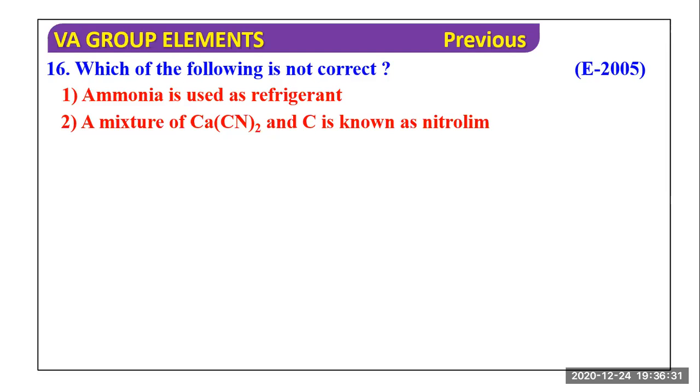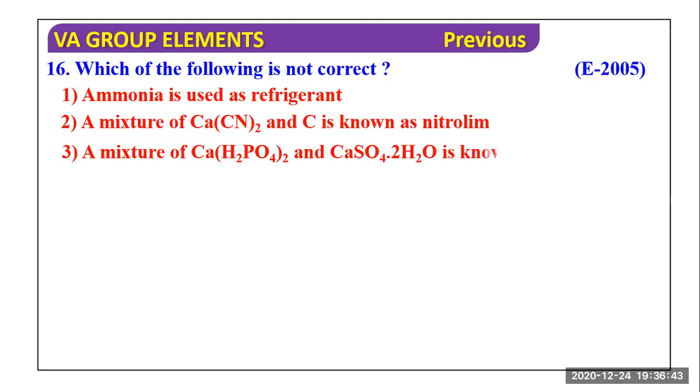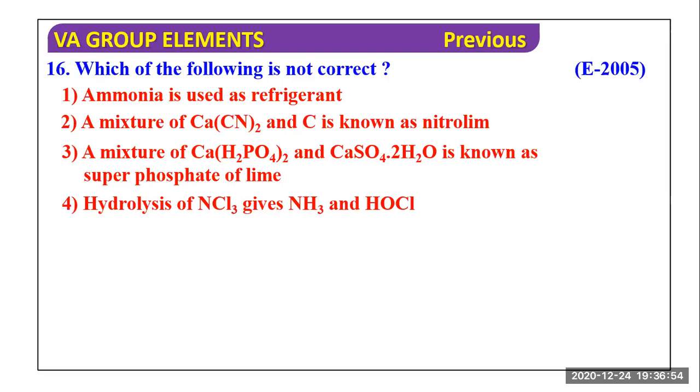Option 3, mixture of calcium dihydrogen phosphate and calcium sulfate dot H2O is known as superphosphate of lime. And option 4, hydrolysis of NCl3 gives ammonia and HOCl. It is correct. So which one is not correct?